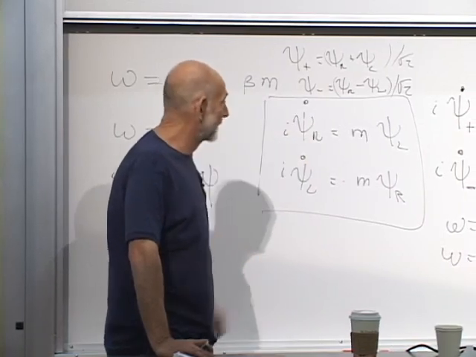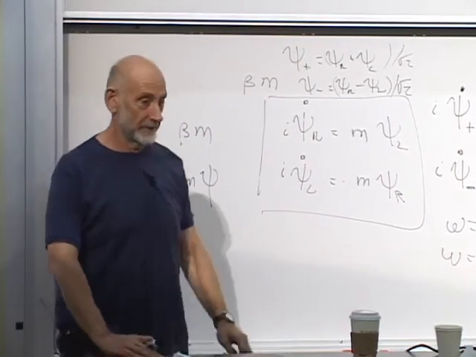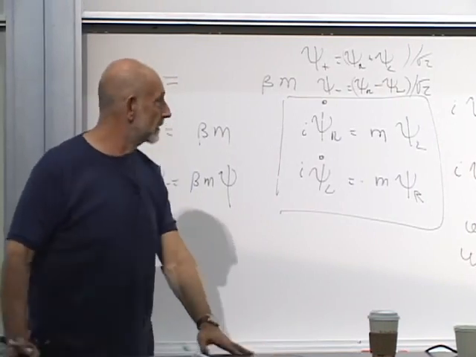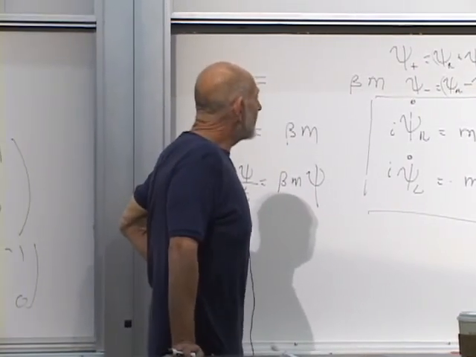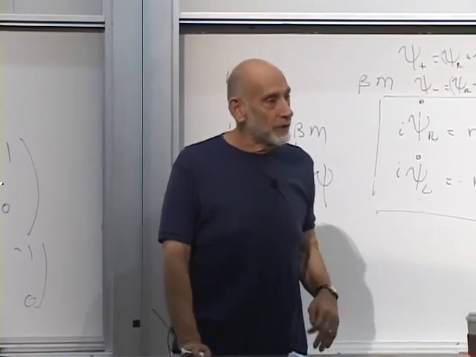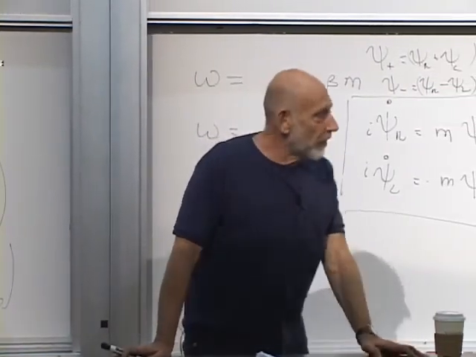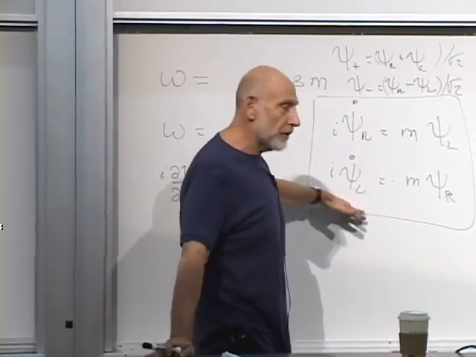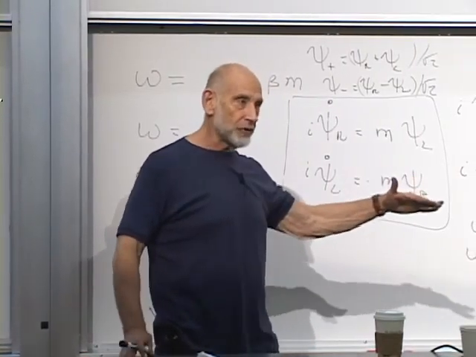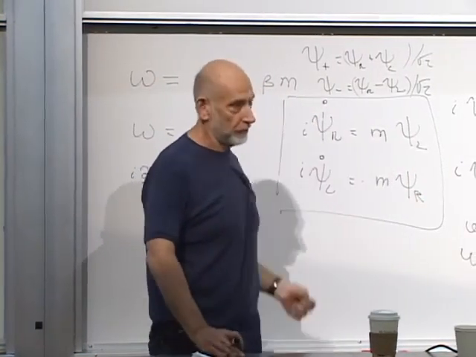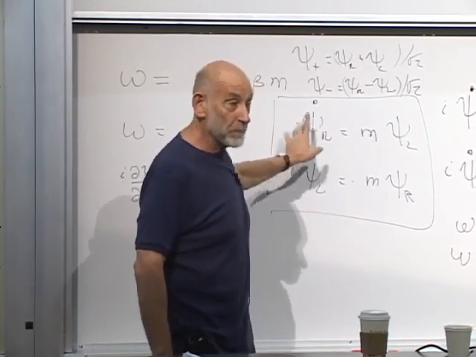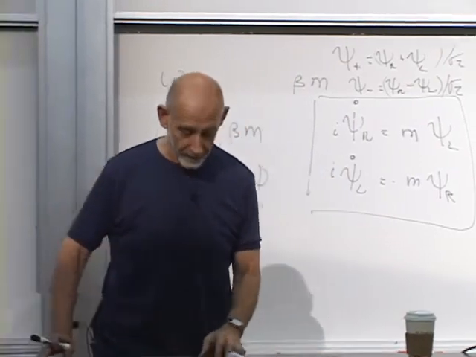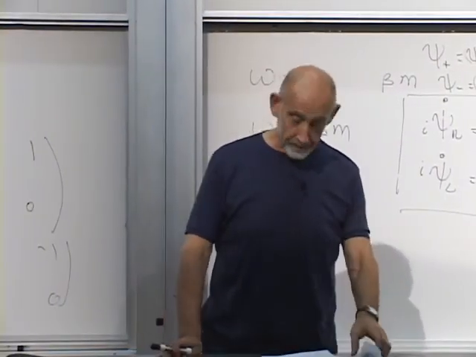If you say, all right, this is the theory of electrons at rest, and now let's Lorentz transform them, yes, that's correct. But you would have to know how to transform psi.